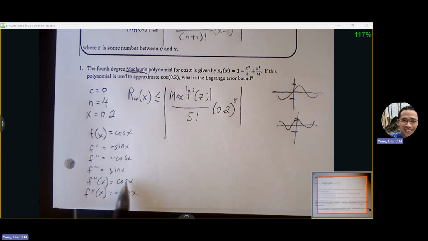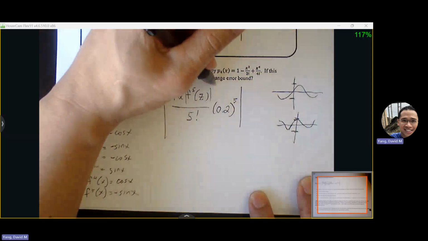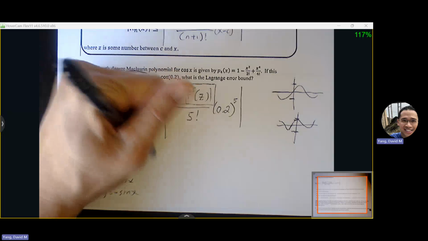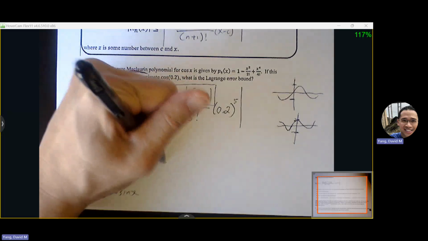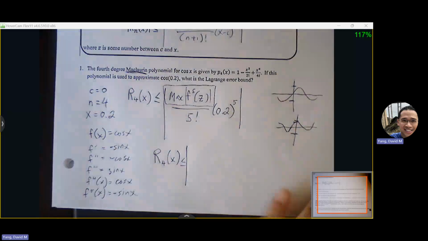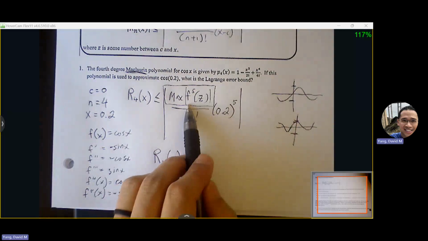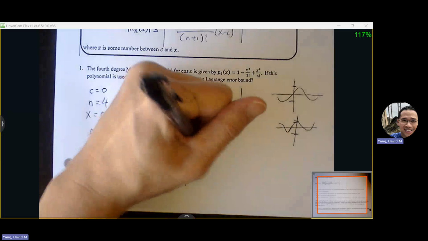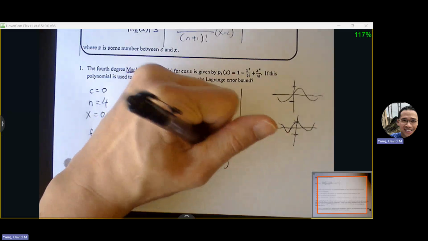The maximum that cosine, sine, negative cosine or negative sine can be is positive 1. So I can replace this with 1 because I know that is a safe upper bound, and now I can find the worst case scenario for my remainder: 1 over 5 factorial times 0.2 to the fifth.